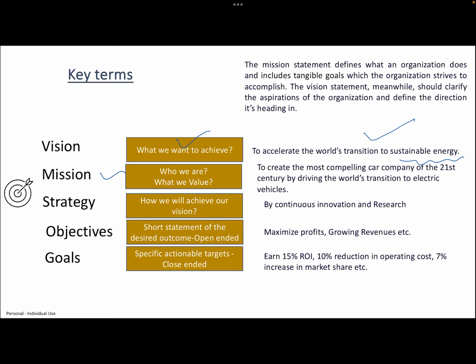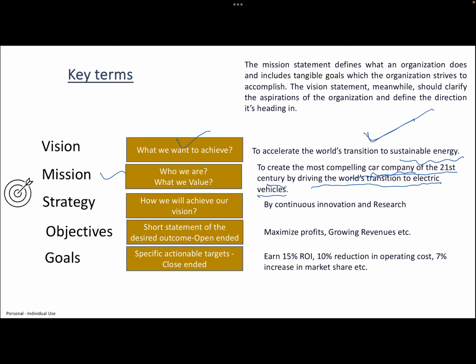And then mission. Mission is all about what we are, what we value. How are we going to achieve this vision statement? To create the most compelling car company of the 21st century by driving the world's transition to electric vehicles. Who we are? We are going to be the world's most compelling car company.